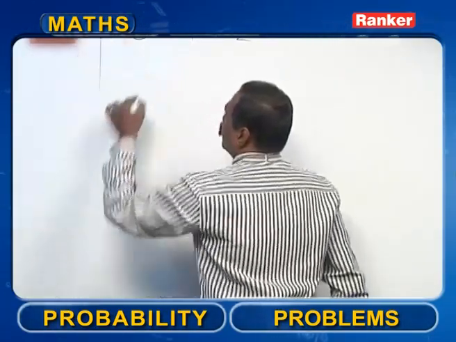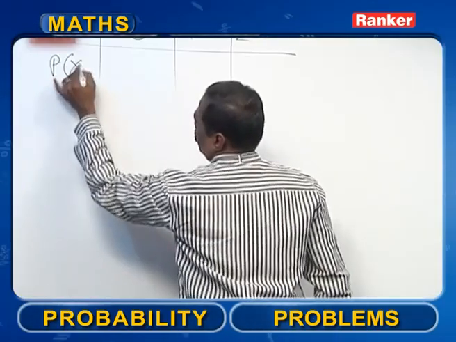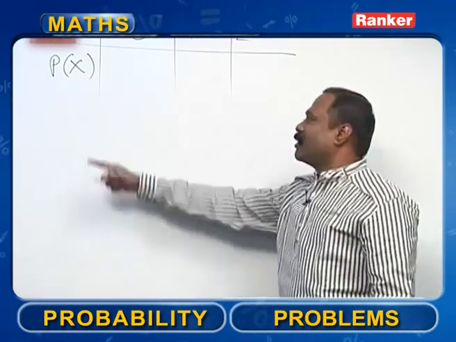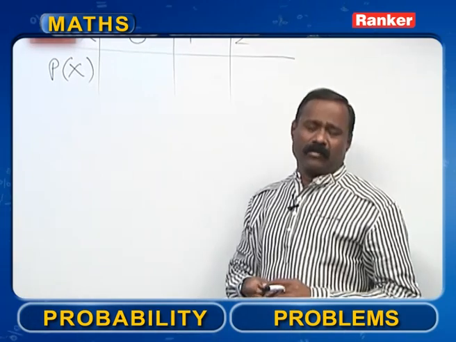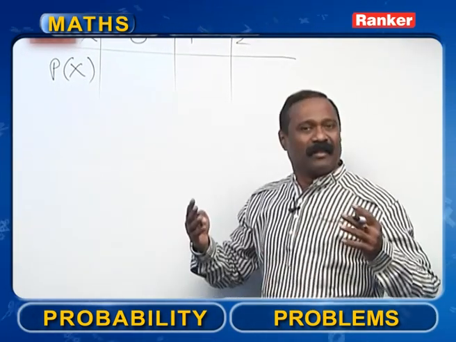Now you have to write the probability of this random variable. We need the probability of x equal to 0. X equal to 0 means you should not get any bad apple, that means you must get both apples good.